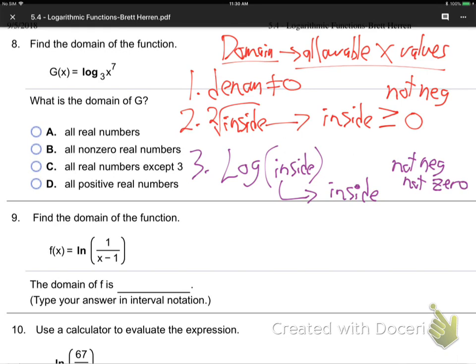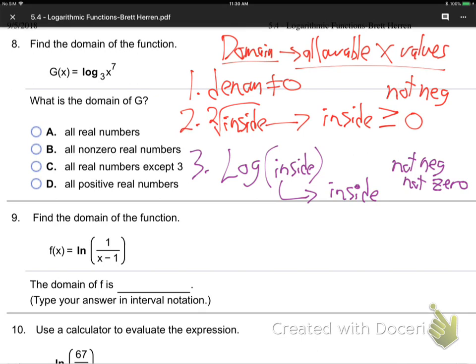So the inside of a log is even more picky. You can try that in your calculator. Hit log of a negative number and it'll give you an error, or a domain error. Log of 0 also gives you an error. So we can't put 0, and we can't put negatives.